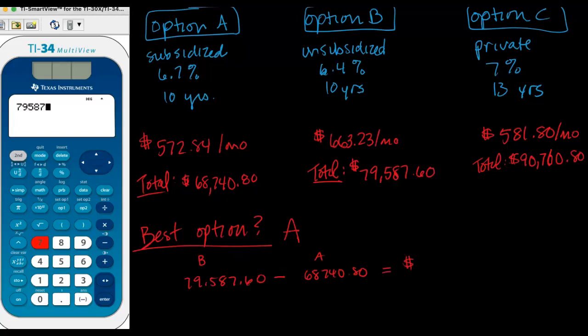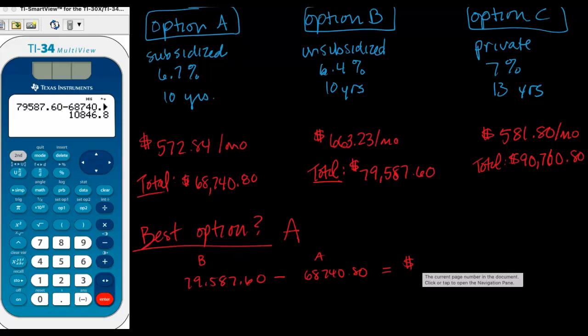So $79,587.60 minus $68,740.80, we get a difference of, did I put that in right? Let me just double check. It's different than what I had on my answer key. So $79,587.60 minus $68,740.80.